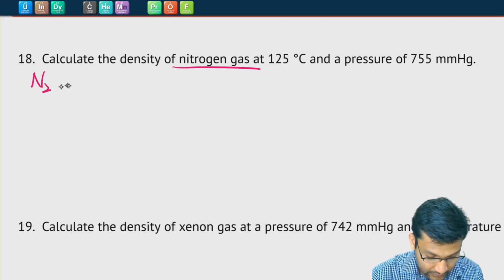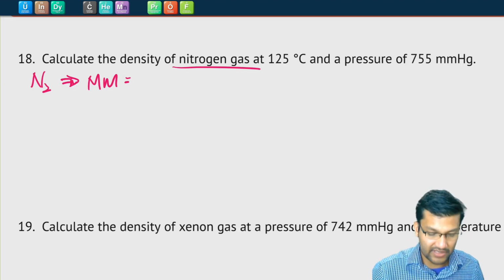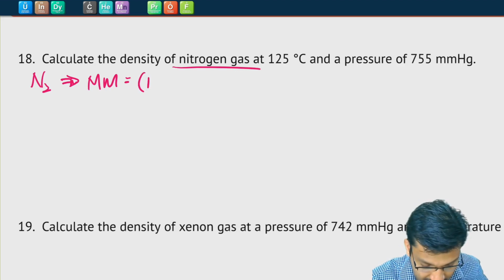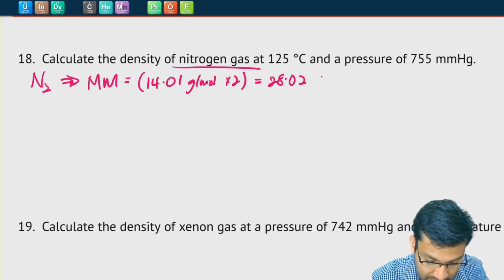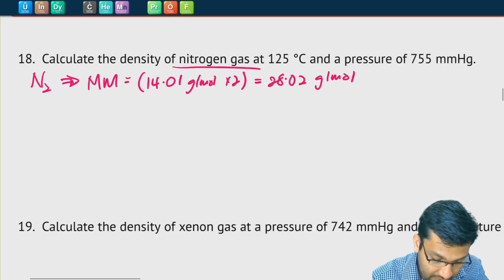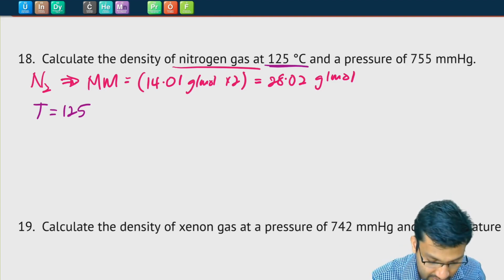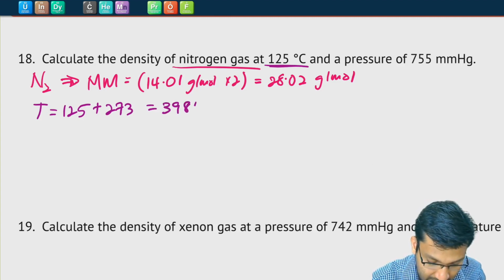Nitrogen gas is N2, which means that the molar mass is 2 times the atomic mass of nitrogen, which is 14.01 grams per mole, times 2. This gives us 28.02 grams per mole. The other thing this gives us is the temperature, 125 degrees Celsius, but again, it's an ideal gas law type problem, so we need to convert this to kelvins, and that should give us 398 kelvins.